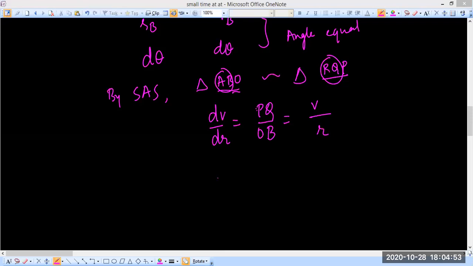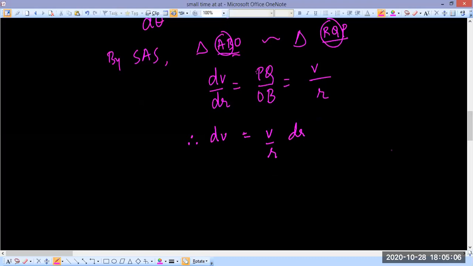And now if we write this, therefore dv is equal to v by r into dr, and then we divide by small time dt.